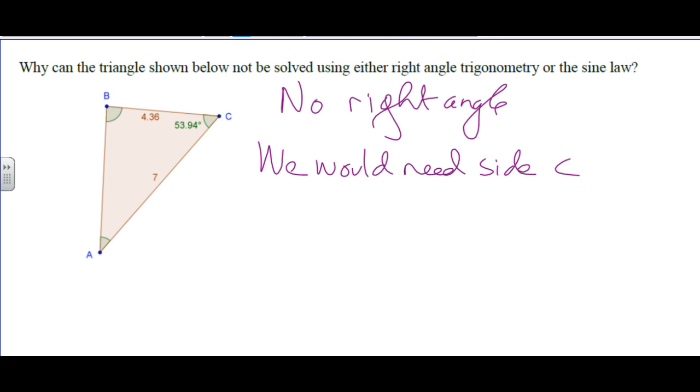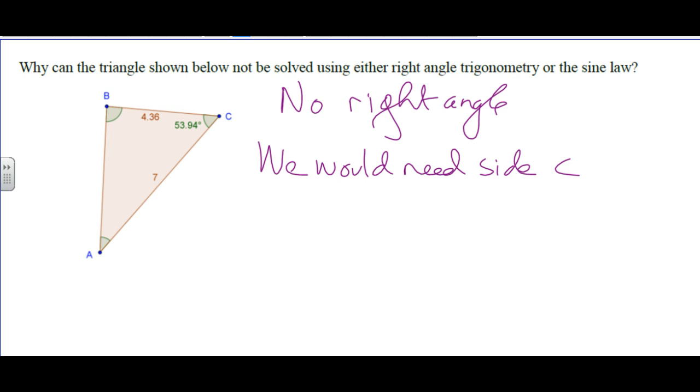Okay, we can solve this using the cosine law because we have two sides and the included angle. So I could work out the third side, and then I could use the sine law to work out another angle. One nice thing about the cosine law is you only ever have to use it once. Once you've used the cosine law to find that side, you can then use sine law because you'll have a known pair.